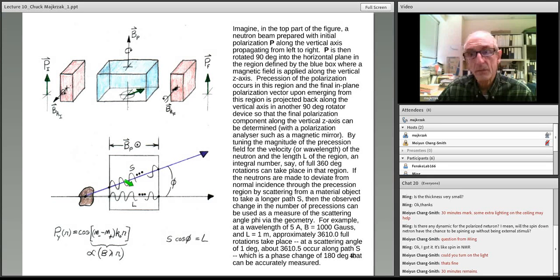The field's the same, the neutron speed is the same, but now it's longer, so it turns out for an angle of the order of a degree, it makes 3,610 and a half rotations, but that's 180 degrees out of phase. That's a huge difference. So if we have a device like this rotator to measure what that rotation was in the lab, we have a means for determining scattering angle that doesn't depend on measuring the angle directly.